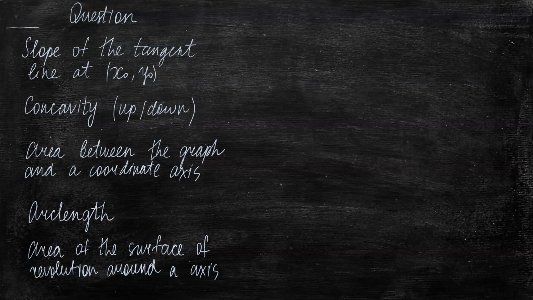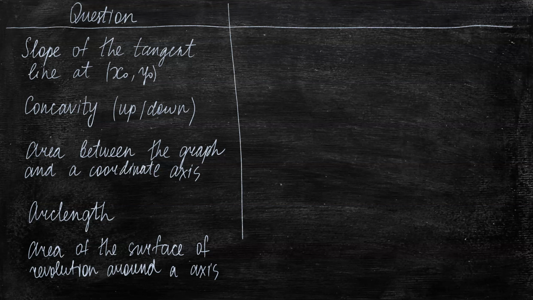So let's review the answers to these questions that we know when a function is given to us explicitly. How do we find the slope of the tangent line? Well, that's literally the meaning of the derivative. So we find the derivative and we evaluate it at this point. Alternatively, we can use the Newton notation and write it this way.